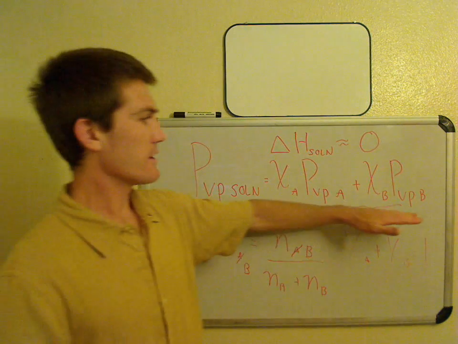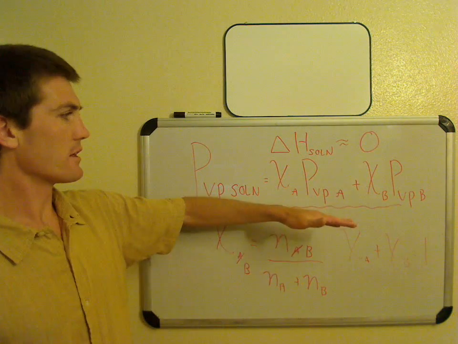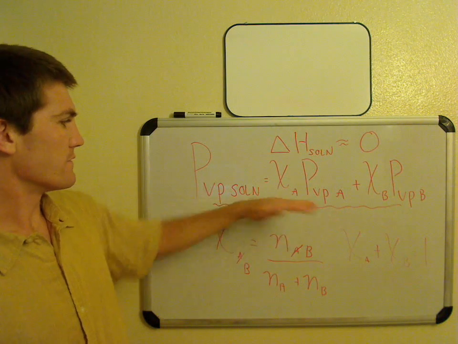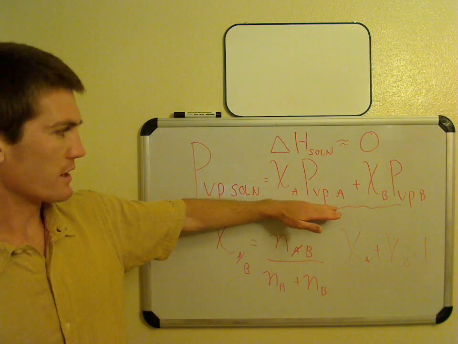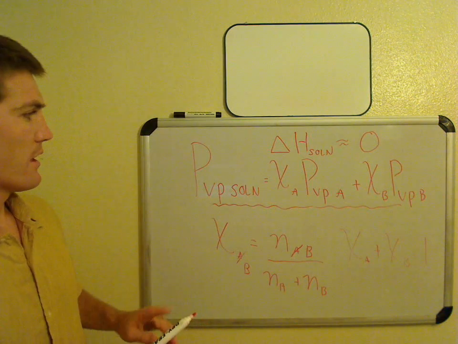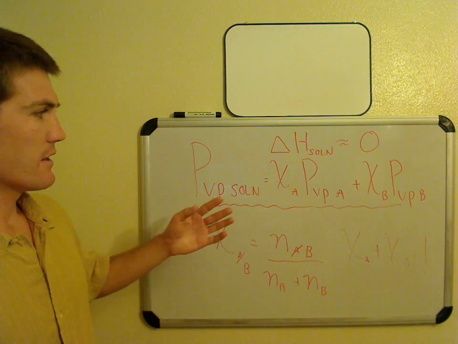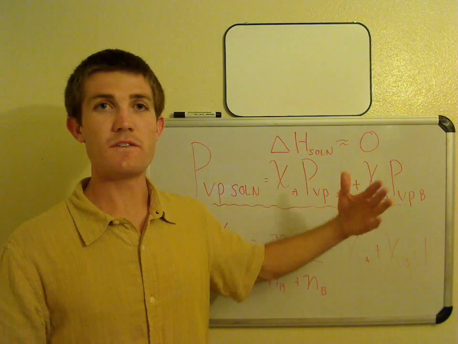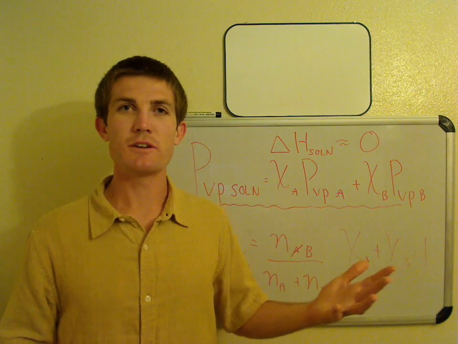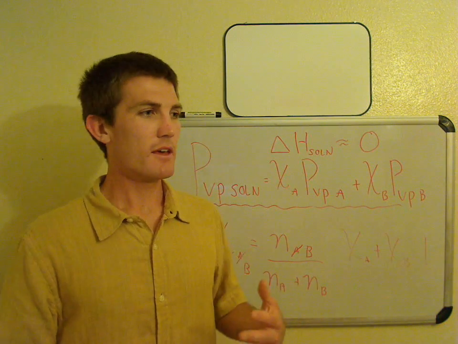This equation, there's a little bit to it. Just remembering, the vapor pressure of solution equals mole fraction of A times the vapor pressure of A, etc. These liquids are volatile liquids, and we know they're volatile because a vapor pressure was listed for them.